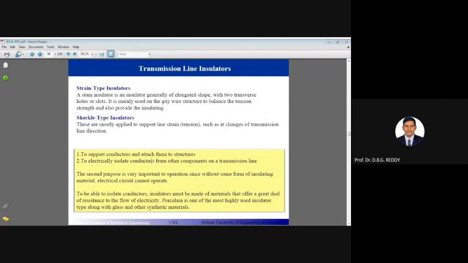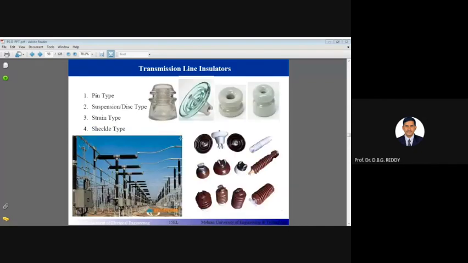Now we are coming to a very, very important topic, the transmission line insulator. How to select a good insulator: there are various types of insulators, and the strain type of insulator support, generally along the shape, you can see here practically. You can see the pin type insulator, the suspension type insulator, the strain type, and the shackle type.